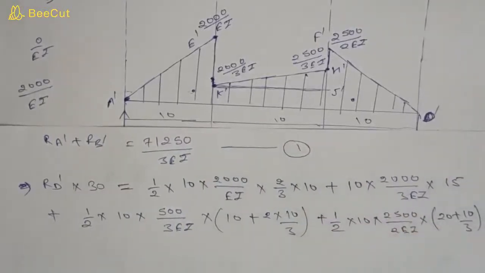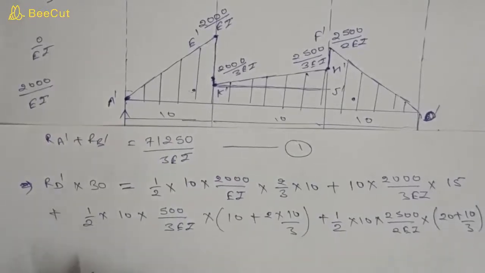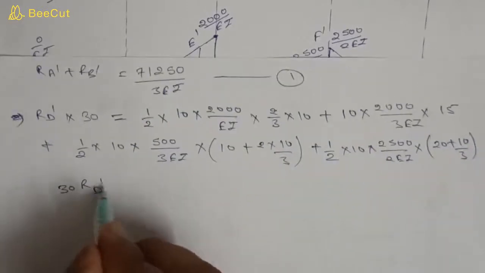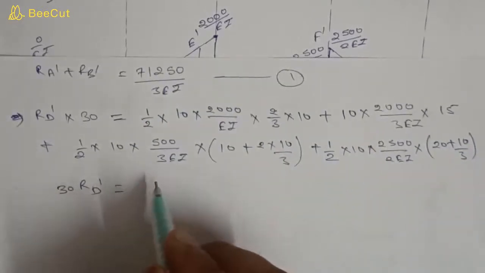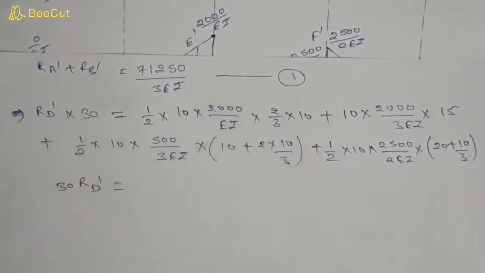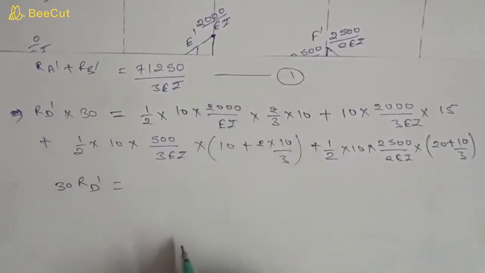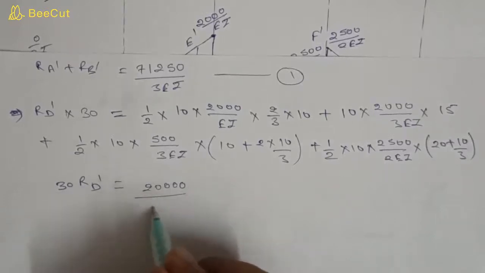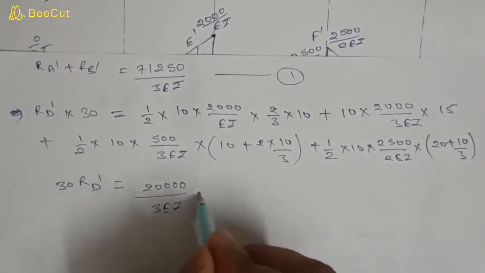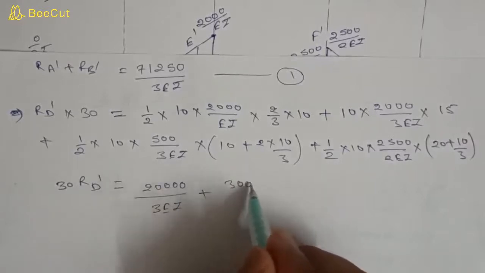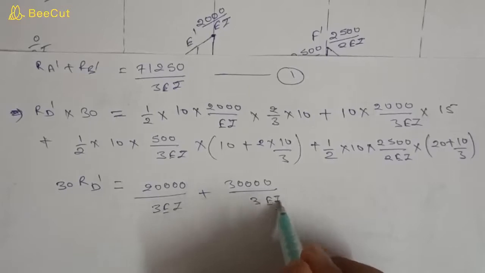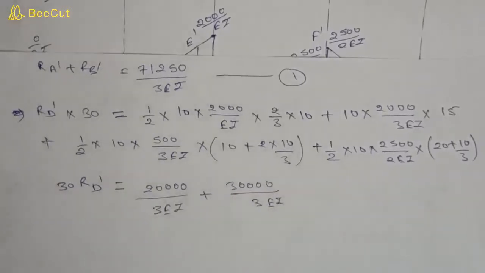Okay, so if you will do this, then you will get 30 RD dash is equal to 2 lakhs divided by 3 EI, plus 3 lakhs divided by 3 EI, plus 125,000 divided by 9 EI, plus 437,500 divided by 3 EI.